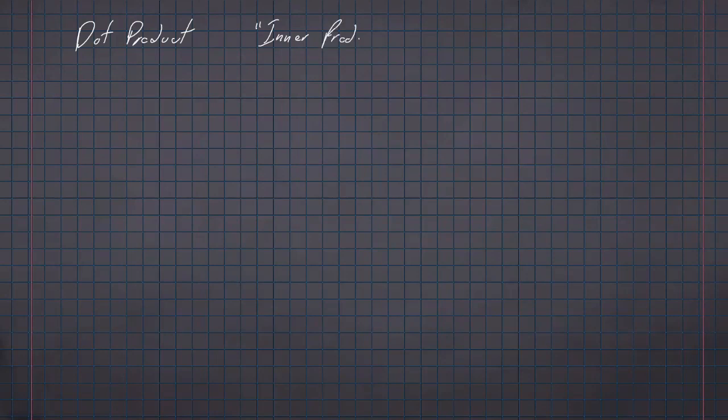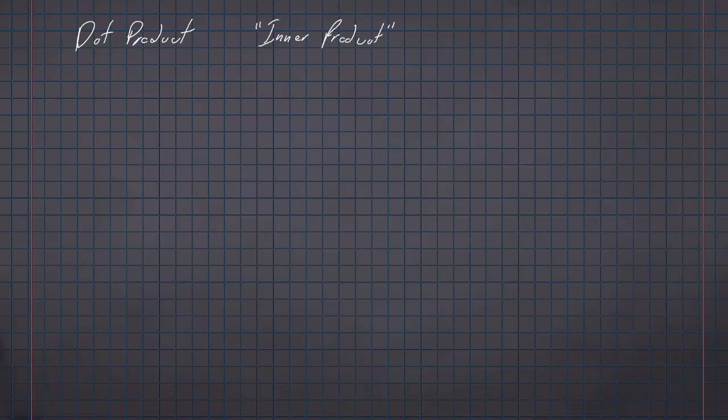One last idea of the Euclidean vector space is the idea of a dot product. More generally, this is the inner product.